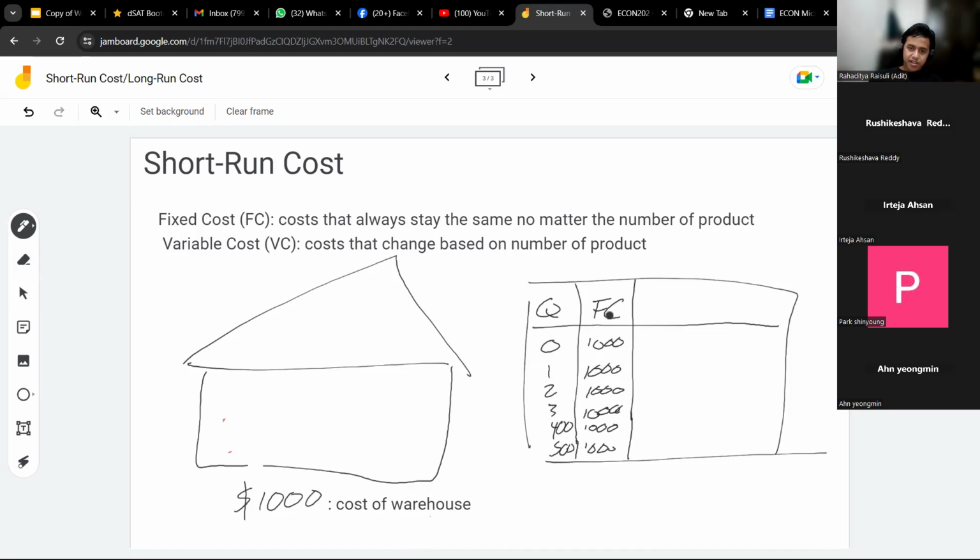On the other hand, your variable cost will change based on the number of the product you're making. For example, the cost to buy materials. Let's say you want to make French fries.